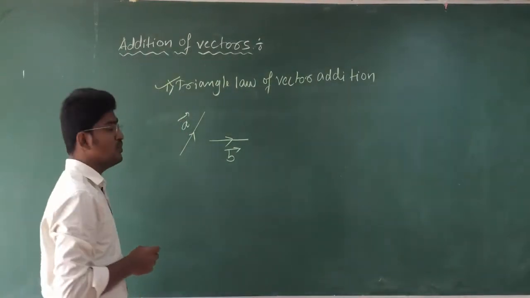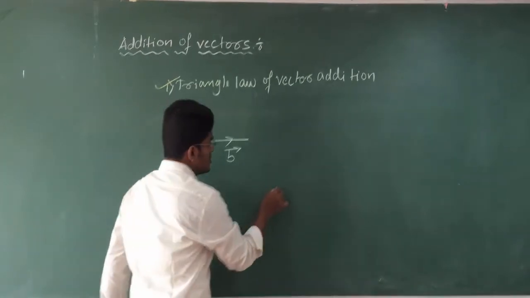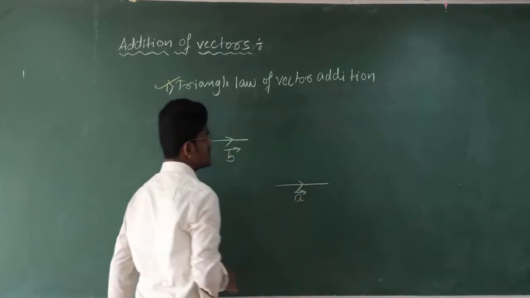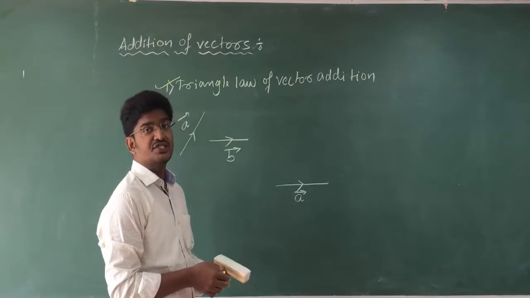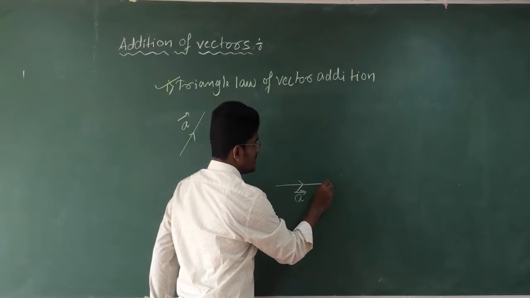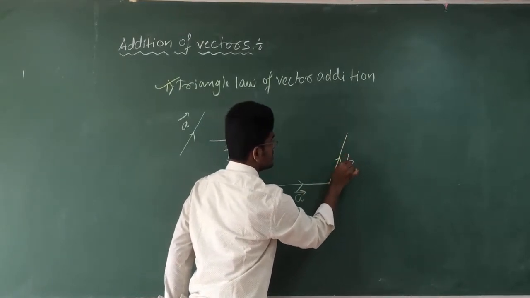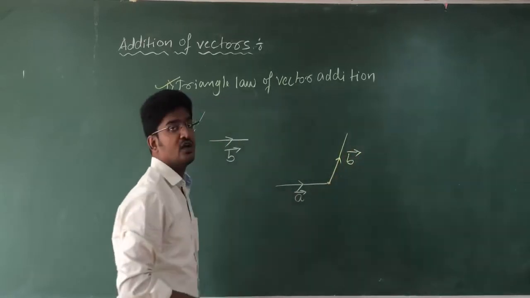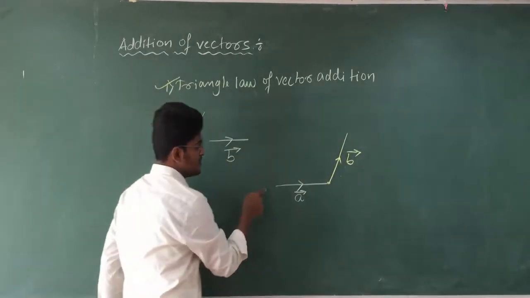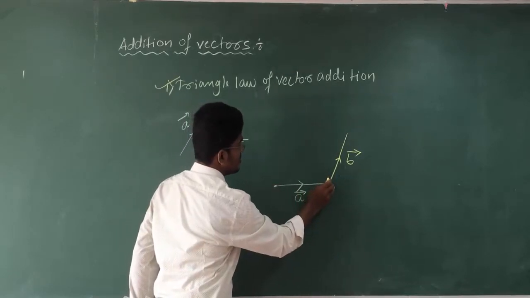For that, with the triangle law of vector addition, what you have to do? First I put my vector A. Next I will join the vector B with the terminal point of A. See this, this is vector B. As first one, vector A has an initial point and a terminal point.